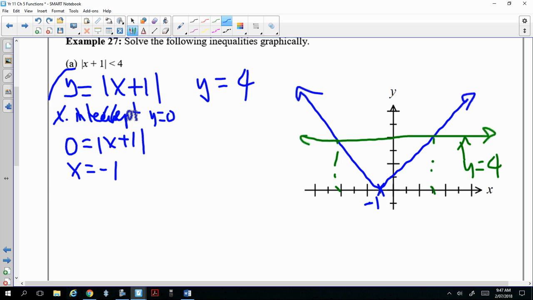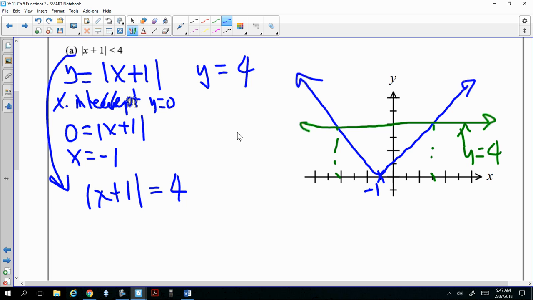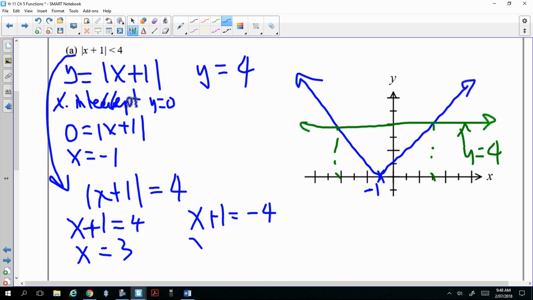So you go x plus 1 equal to 4, or x plus 1 equal to -4. So x equal to 3, x equal to -5. So you know you cross at 3 and cross at -5. You find out where they cross from the algebra.